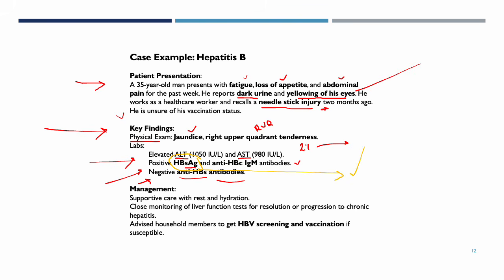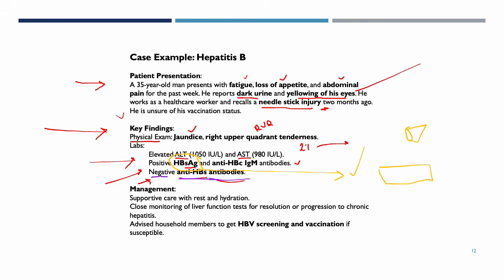But how do we know that there is no underlying chronic infection and the patient is right now just experiencing an acute episode? Well, precisely because we get a negative anti-HBs antibody result.